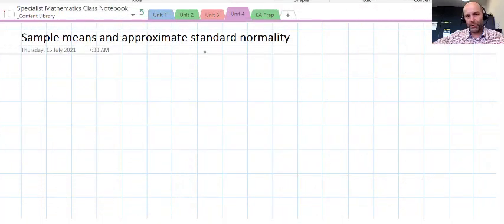Sample means and approximate standard normality. We've looked in previous work and discovered the distribution of the sample means, which is x bar.